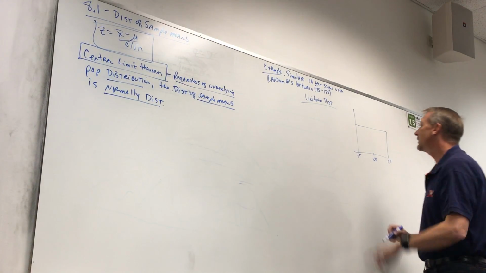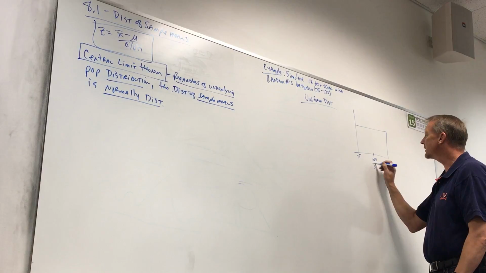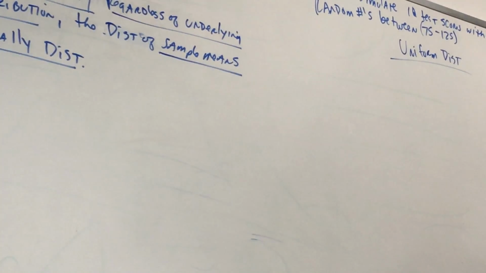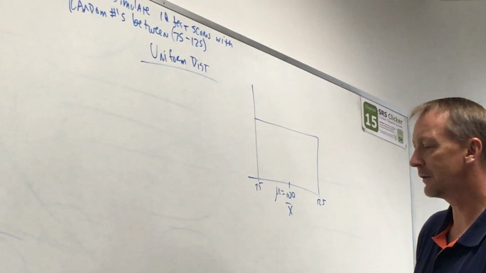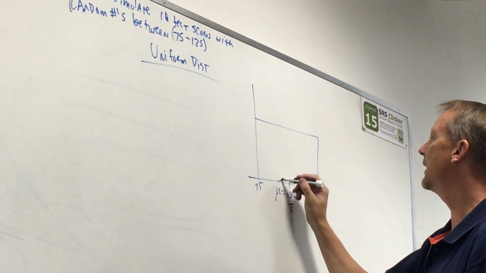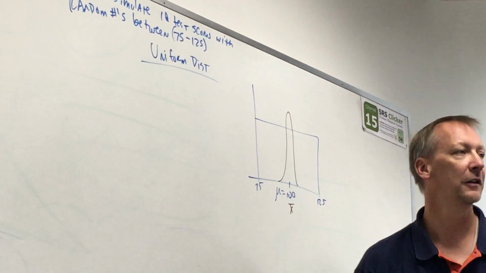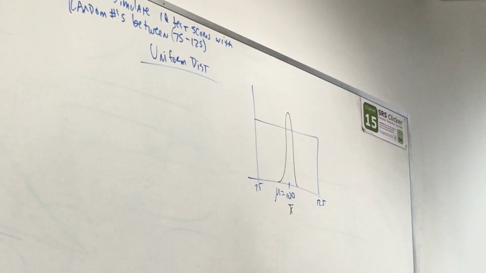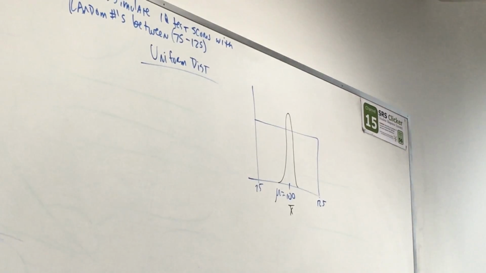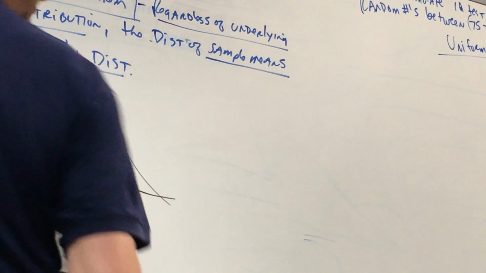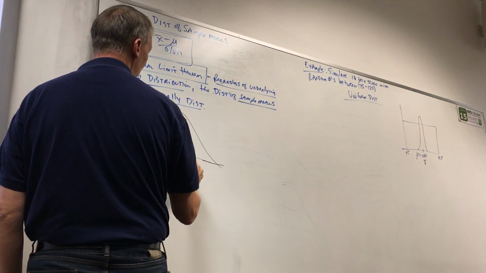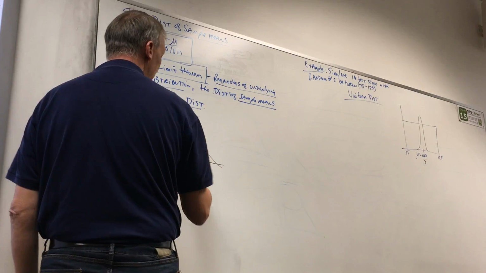What the central limit theorem says is, if you were to find a bunch of x bars, so this is your population mean mu, I'll put those in a different color, your x bars would be normally distributed. So it doesn't matter what your underlying distribution is. If you had a normal distribution, say the mean was 0, then your x bar distribution would also have a mean of 0.